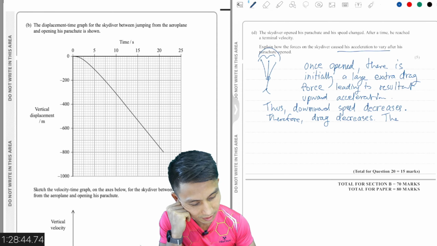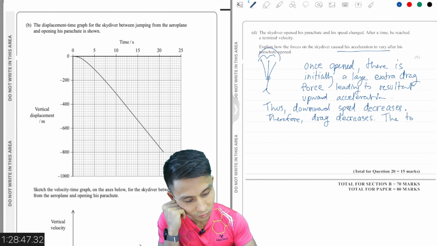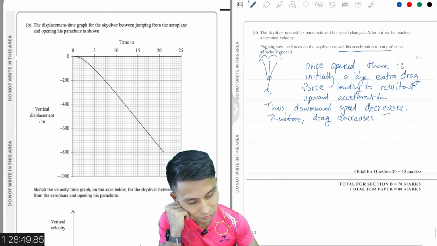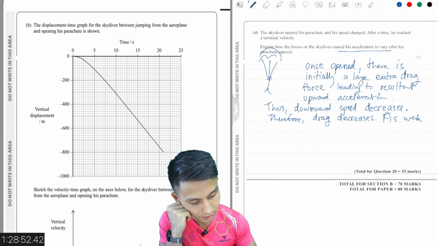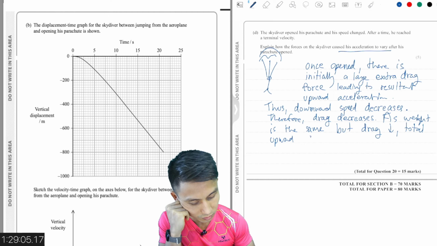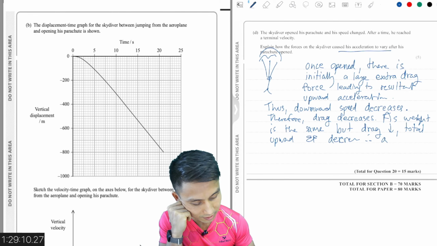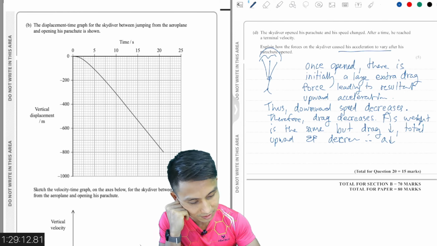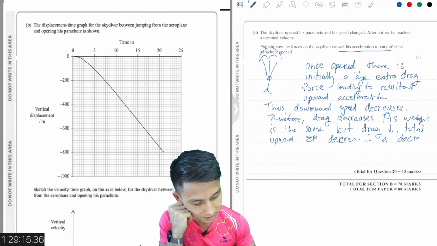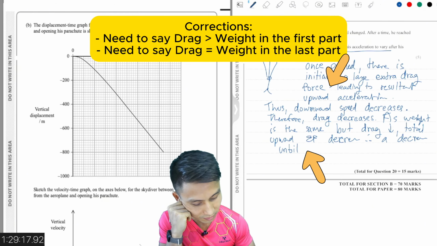The total, well, weight is the same, but drag decreases, so total upward resultant force decreases, therefore acceleration upwards decreases until forces are balanced.